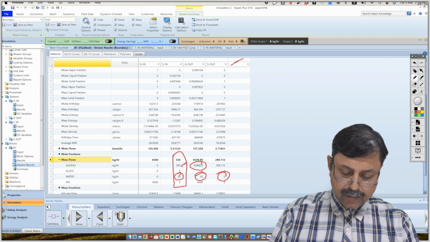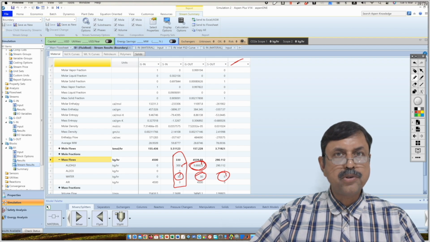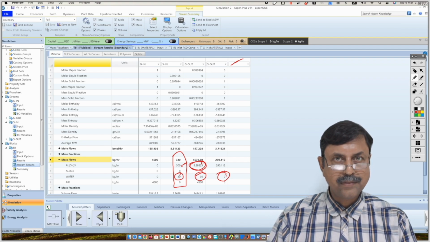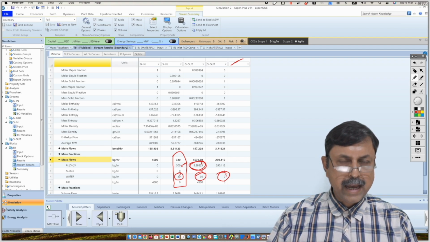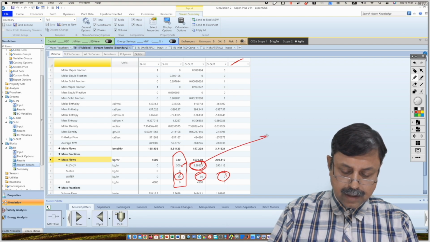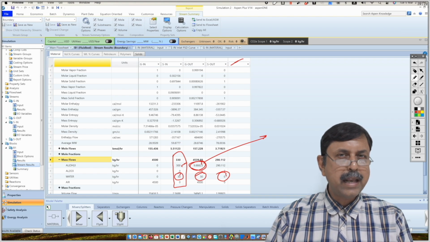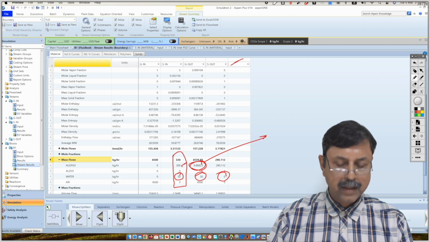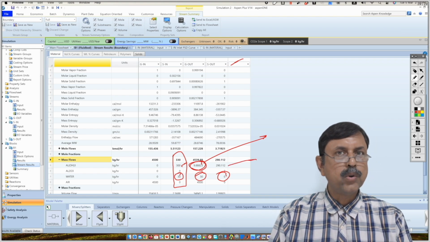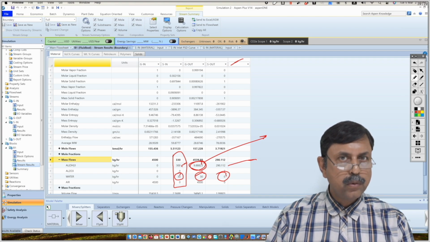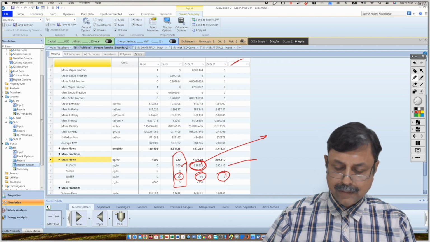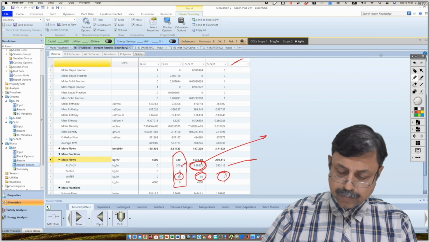That means this is the amount which is being elutriated due to the gas flow. We expect that this 9.88 kg per hour will have finer particles, and heavier particles will go through the solid out. We will check that in the particle size distribution.